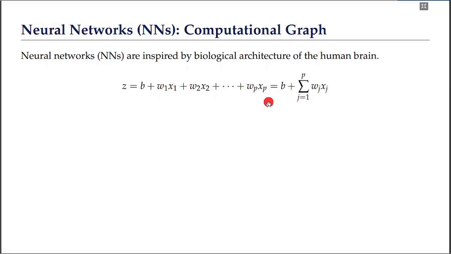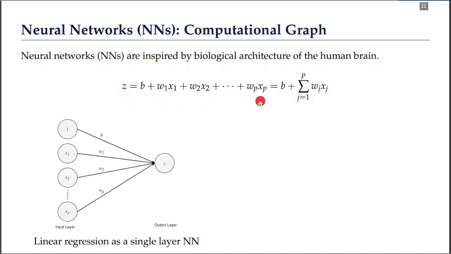As it is, we can consider this as a linear regression model. Z can be considered as an output variable, or a dependent variable, or the result of an outcome variable. Therefore, this can be written in this form in terms of a computational graph.